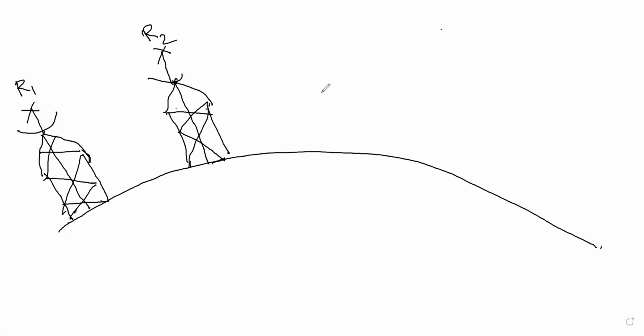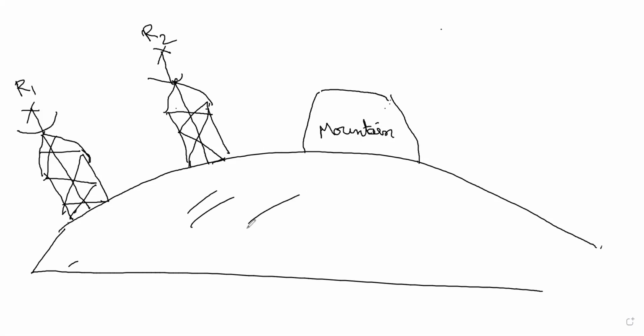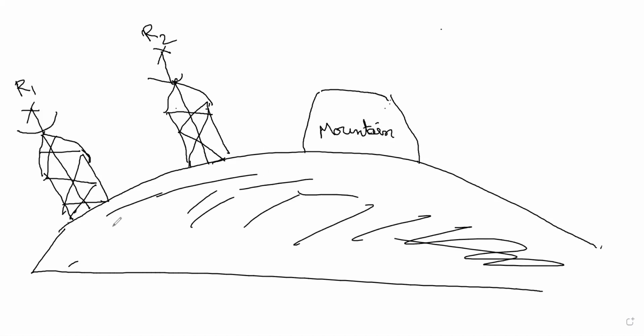This is one antenna, this is one repeater, and then let's suppose this is another antenna. This is R2. And in between, on the surface of the earth, I can consider some mountain is there, and this is the entire earth. This is the surface of the earth, and this is the earth bulk.